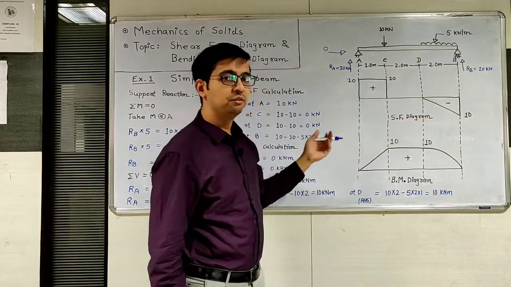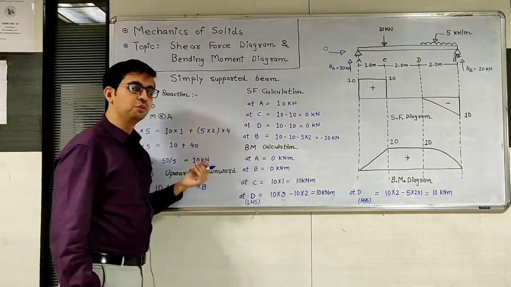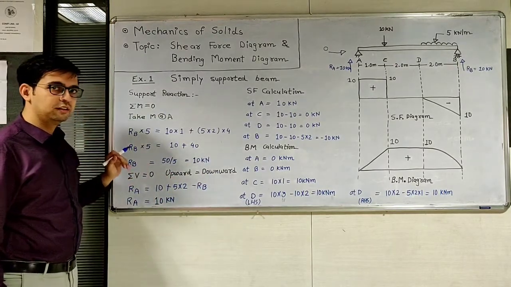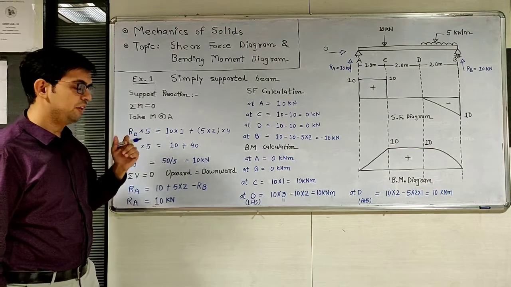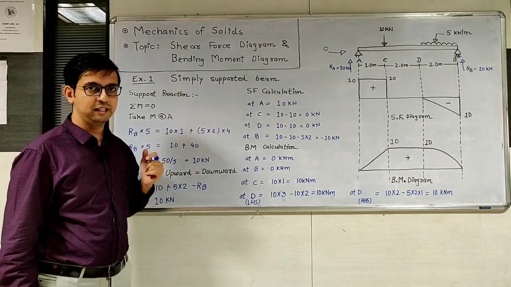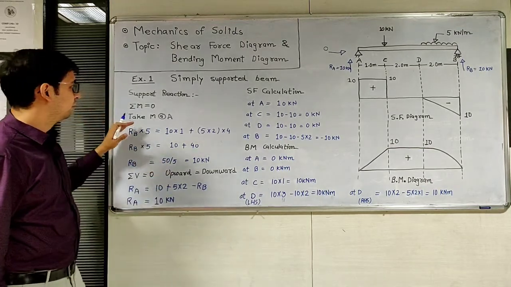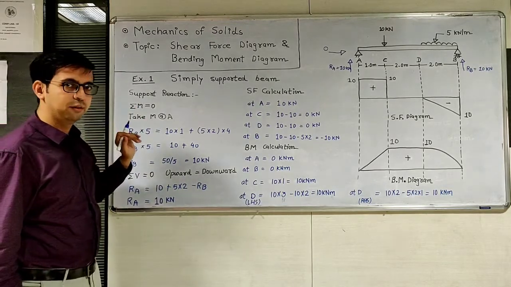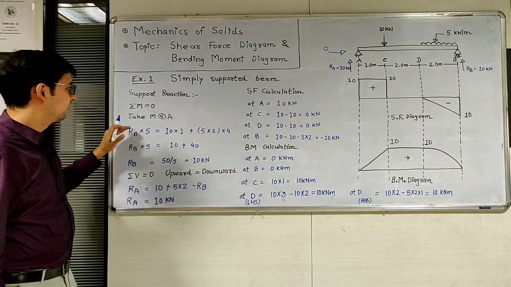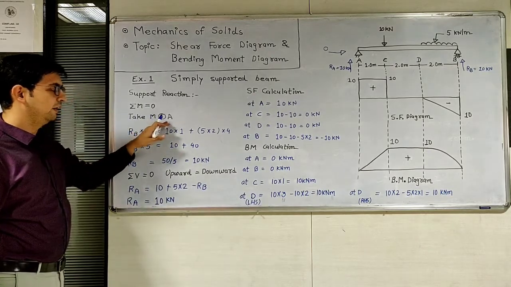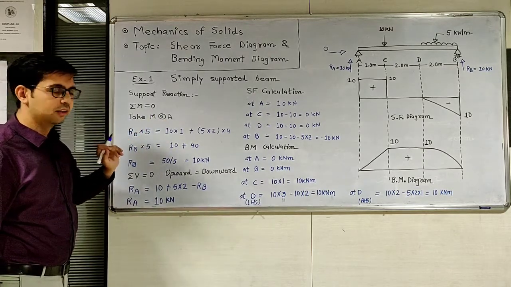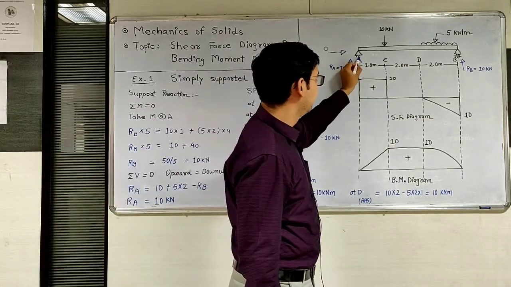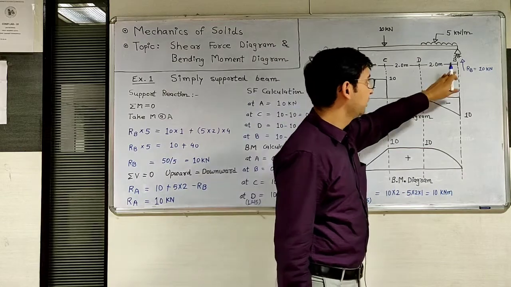For calculation of support reactions, we have to use the equilibrium conditions. There are three equilibrium conditions: sigma M equal to 0, sigma V equal to 0 and sigma H equal to 0. For calculation of support reactions, first use sigma M equal to 0, and for that take moment at left support A. We are taking moment at point A, so go to the other end.